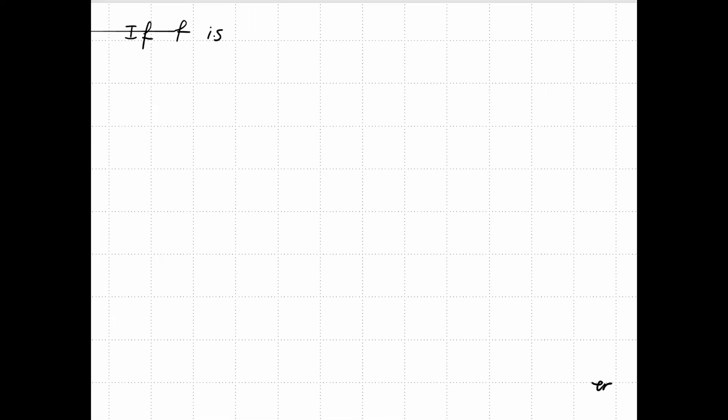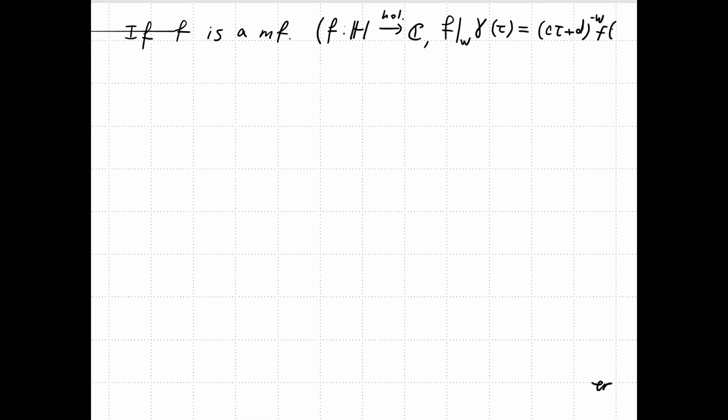So if f is a modular form, well, we all know what it is, but just for the sake of setting notation, it is a holomorphic function on the upper half plane that satisfies the condition that the transformation, given by something called the weight, namely this w, which gets translated into this weight factor in the transformation, is the same as the original function, then it's called modular.